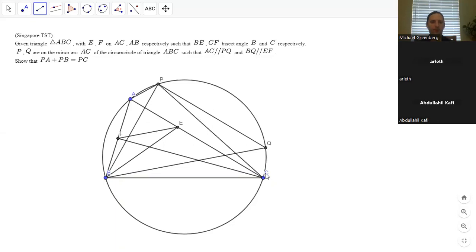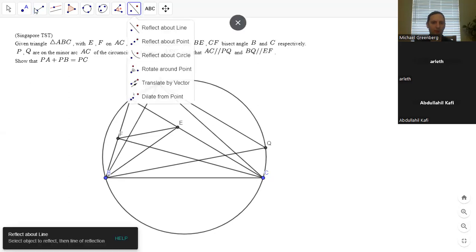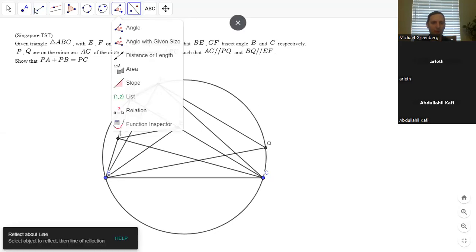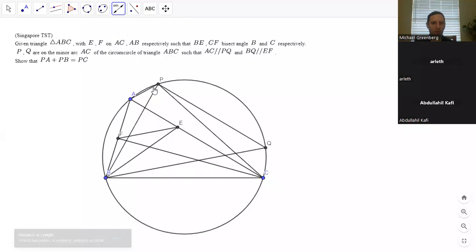It almost feels a little like Ptolemy's theorem. Let's check that that's true. PA is 1.84, PB is 6.47, PC is 8.31. So yeah, it's true.